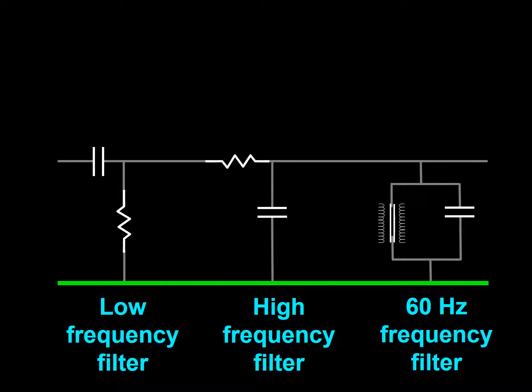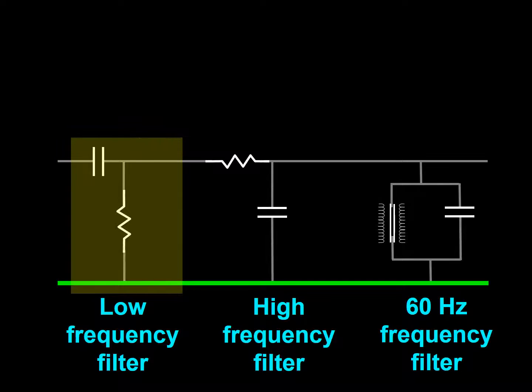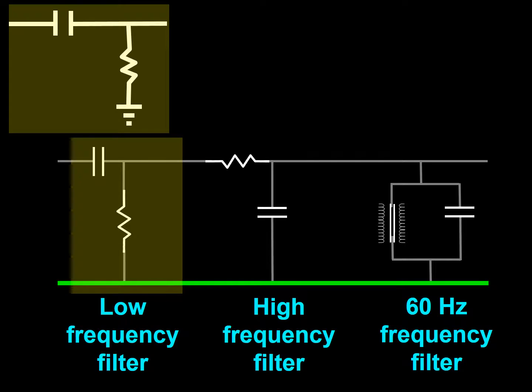Filters can be depicted as isolated structures maintaining this arrangement, that is, the existence of active arm and ground arm. So, the low frequency filter can be viewed as a capacitor in the active arm and a resistor in the ground arm.